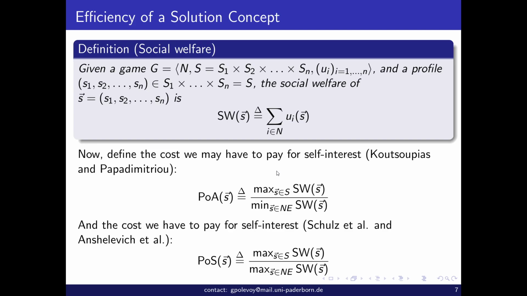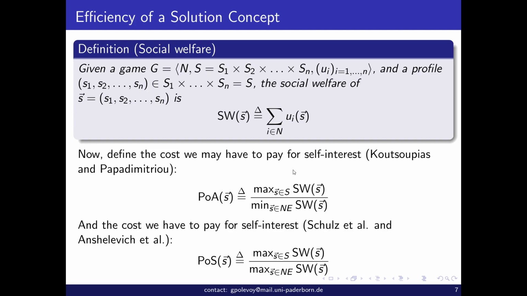Given a game, players N, strategies S, and utilities u_i, and a profile s_1 to s_n in S, the social welfare of this profile is the sum of the utilities of the players in this profile. So we define how much the society is well off by simply summing how much every player is well off in this profile.